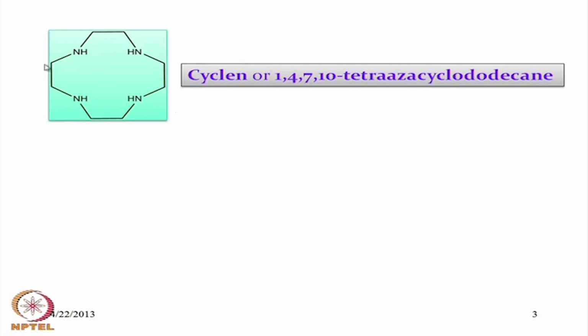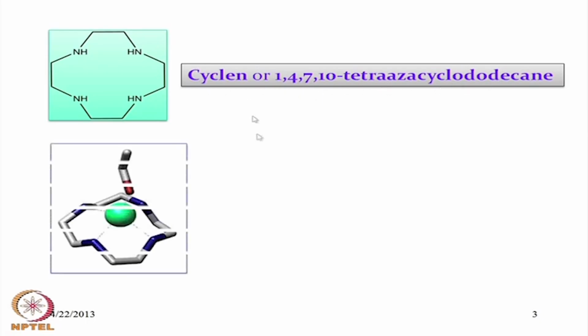It has 8 plus 4, 12 atoms in the backbone. In tacn we have 9 backbone atoms, that is why the nomenclature ends with nonane; this is dodecane.